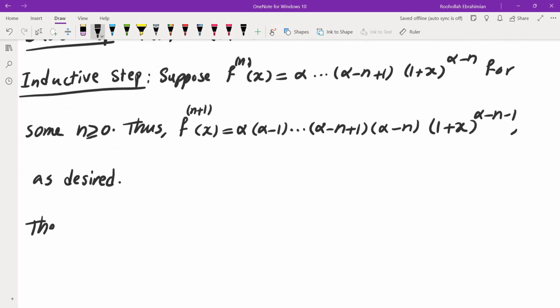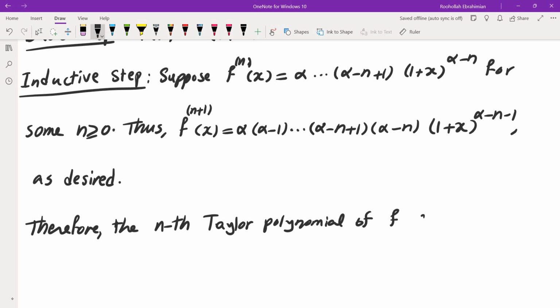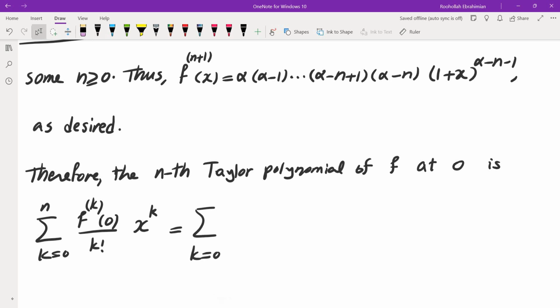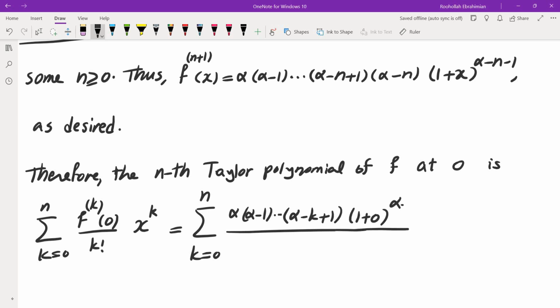So therefore, we can find out the nth Taylor polynomial. The nth Taylor polynomial of f at 0 is the sum k equals 0 to n of f^(k)(0) over k factorial times x to the power of k, which is equal to the sum k equals 0 to n of α(α−1)...(α−k+1) times (1+0)^(α−k), that was the formula for f^(k), divided by k factorial times x^k.